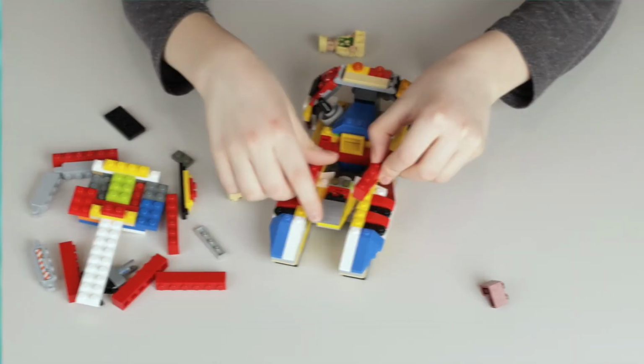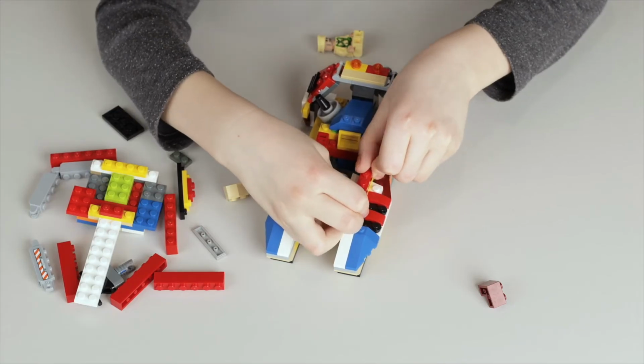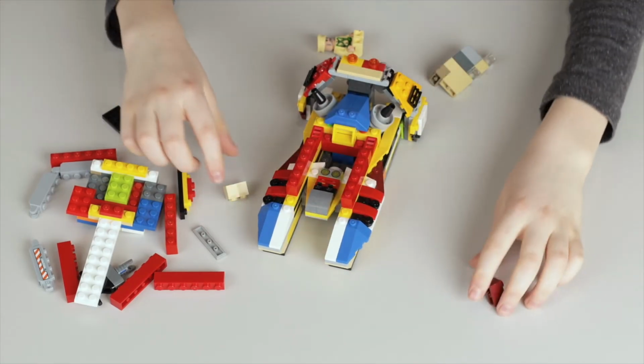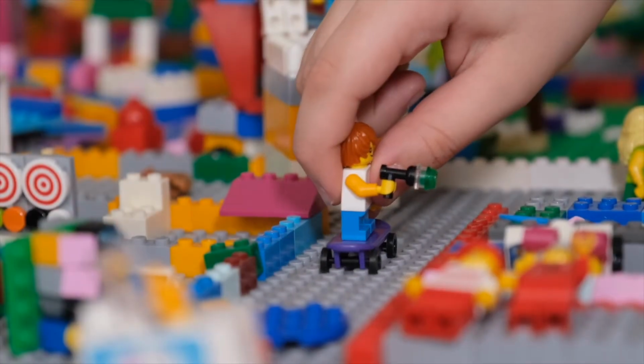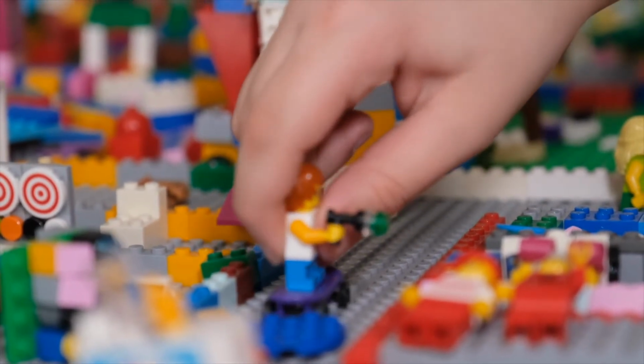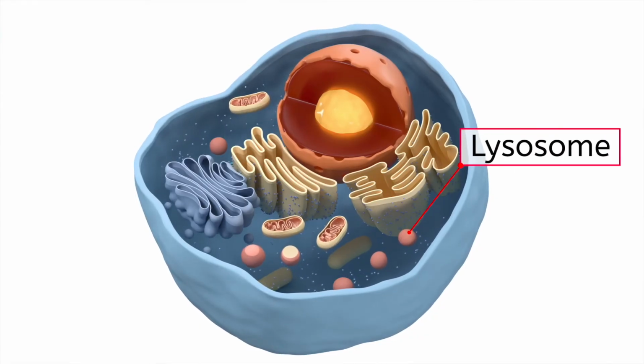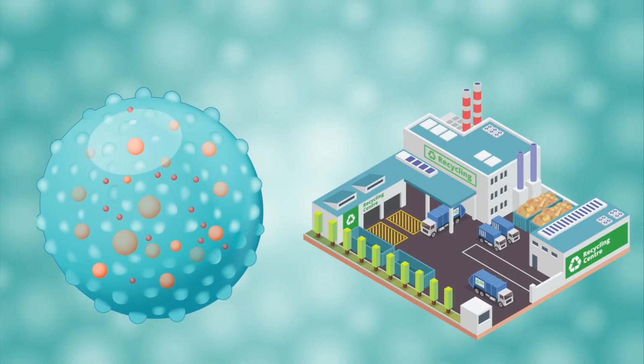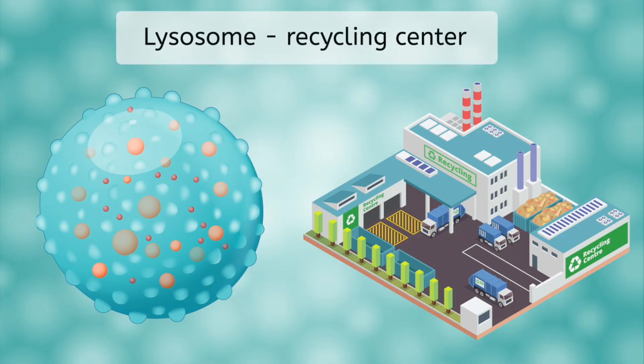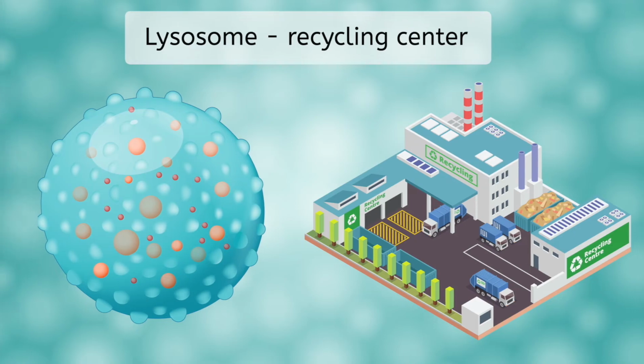Have you ever built a big Lego sculpture and then gotten tired of it? What do you do? You tear it down and use the blocks to build another one. The lysosome is responsible for this task in the cell. It's the recycling center. It breaks down molecules the cell doesn't need, so it can use the building blocks of those molecules for other molecules.